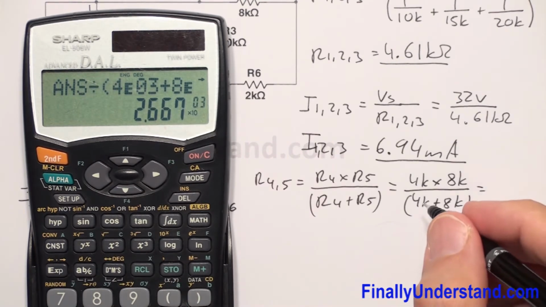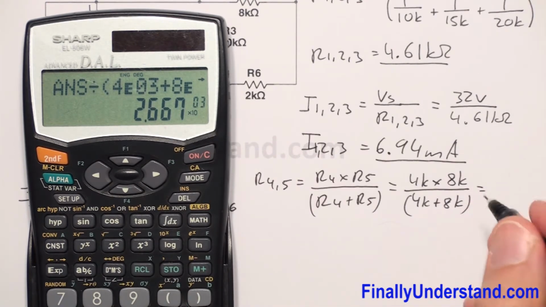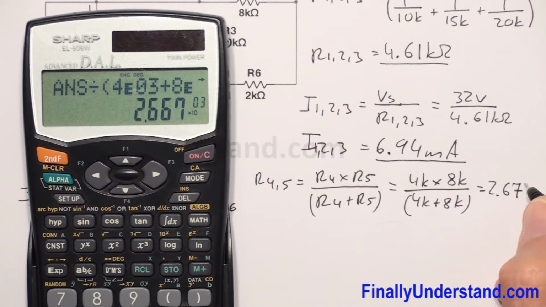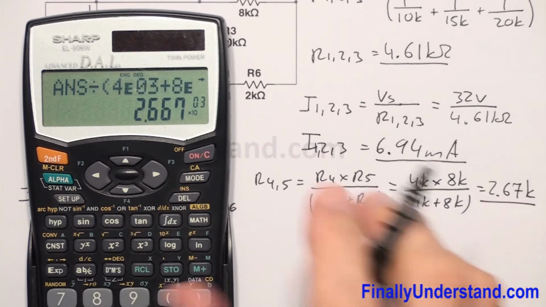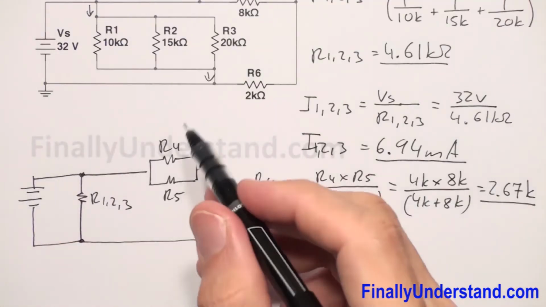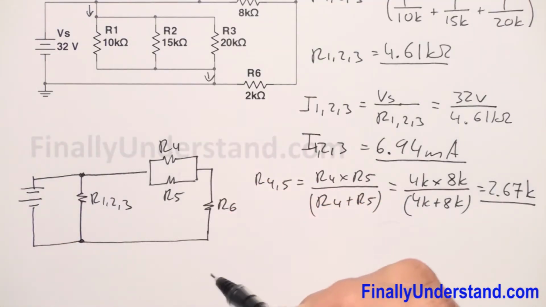This is 2.67k. Okay, so this is the equivalent resistance for these two resistors. So you can redraw the circuit, and your circuit is going to look like this right now.